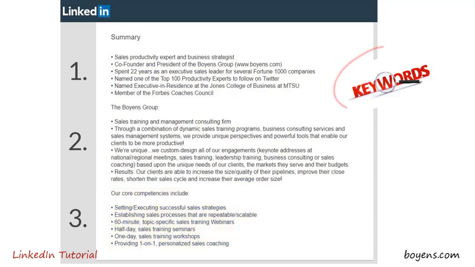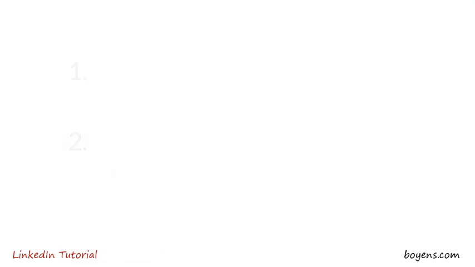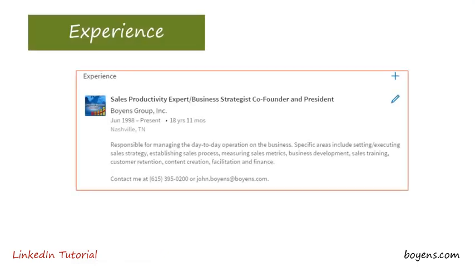There are search-optimized words and phrases throughout my entire summary so that people will get that feeling of redundancy and that they know what's special or important about me. After your summary, then you can start to list your experience, your current position first, and then you go back in time. And once again, in this particular case, you still have words and phrases that you can add in front of the headline.